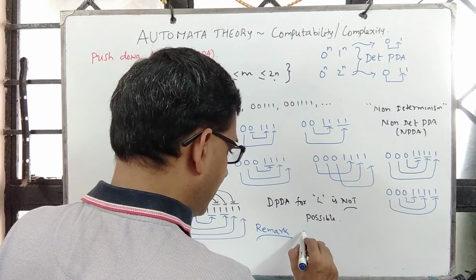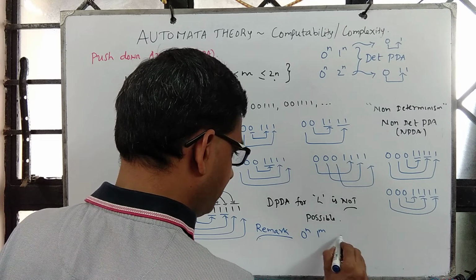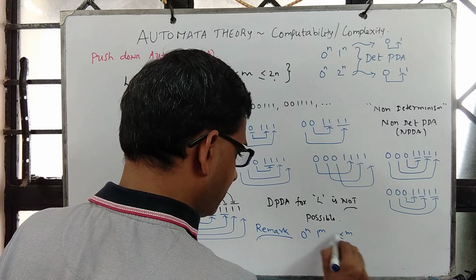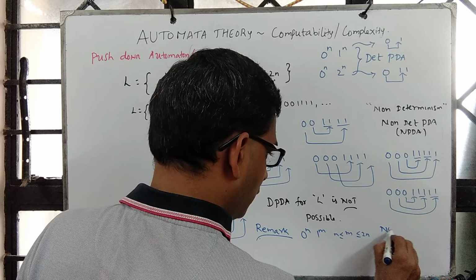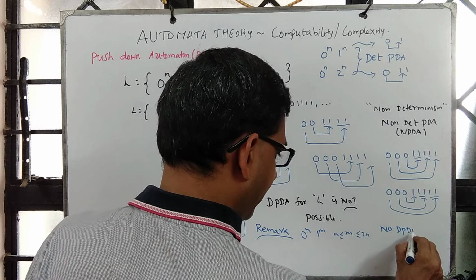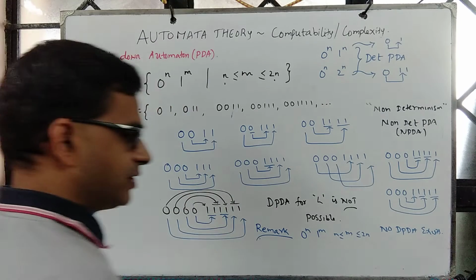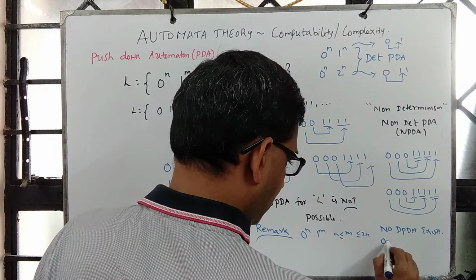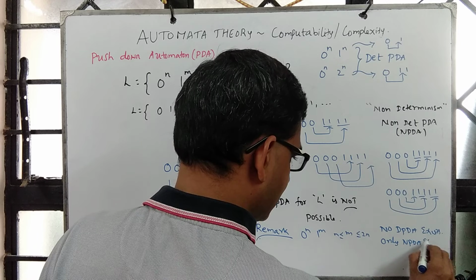There are languages like 0 power n, 1 power m, where m is between these bounds. No DPDA exists, and what is possible is only an NPDA.